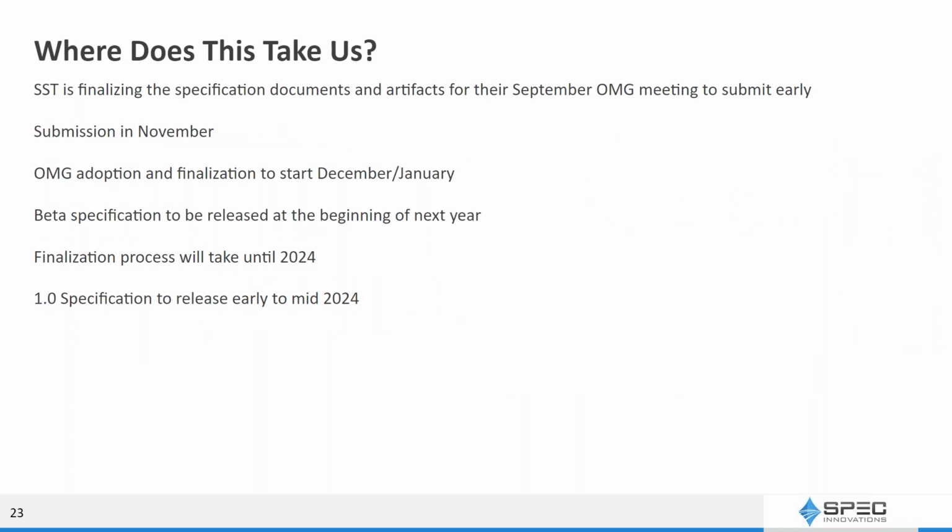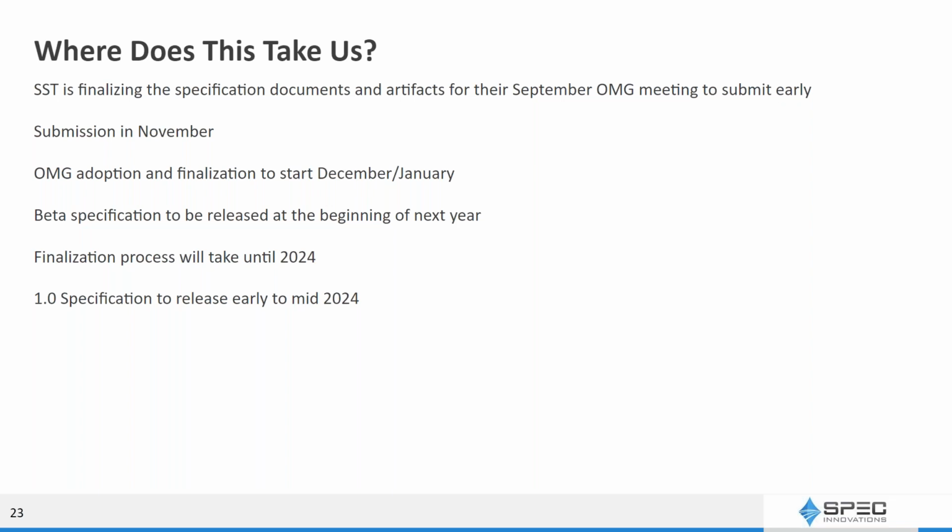So where does this take us? So the SST is finalizing the specification documents and artifacts for this month's OMG meeting to submit early, because their submission is in November of this year. So they want OMG to start taking a look and start the adoption and finalization process in December and January.